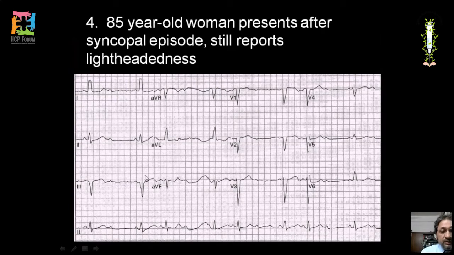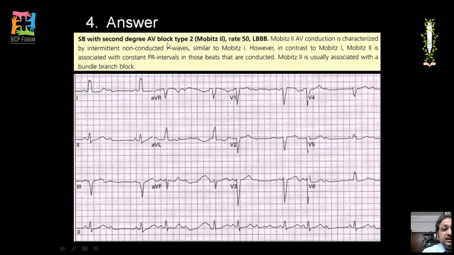So there has been intermittent non-conduction of the P wave, and this is followed by a dropped beat. And also I can see an LBBB pattern. See, the QRS is prolonged in duration, and there is an M pattern in V5, V6, which I was talking about. So this ECG is a second degree AV block Mobitz type 2 with an LBBB.